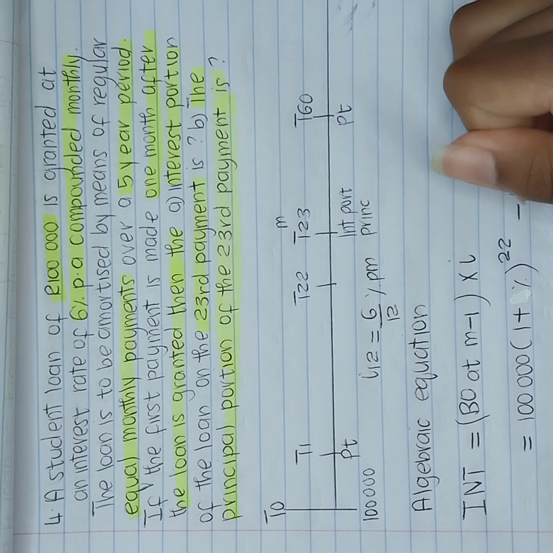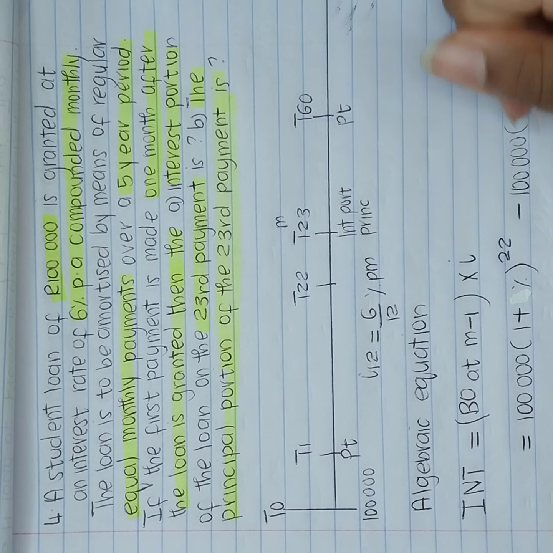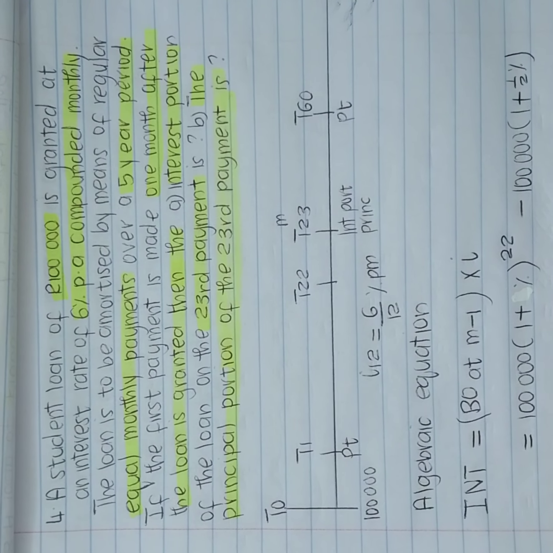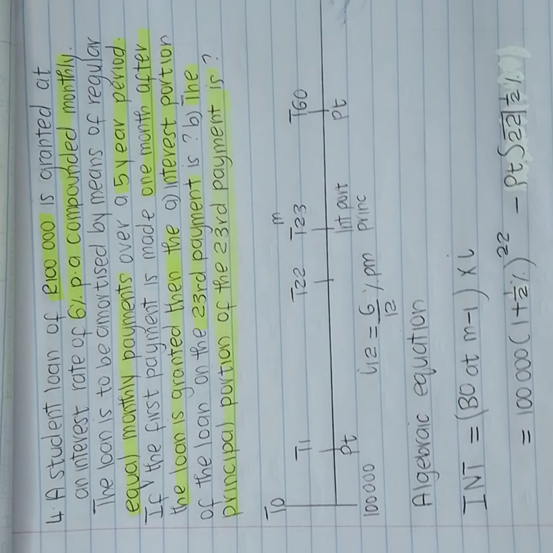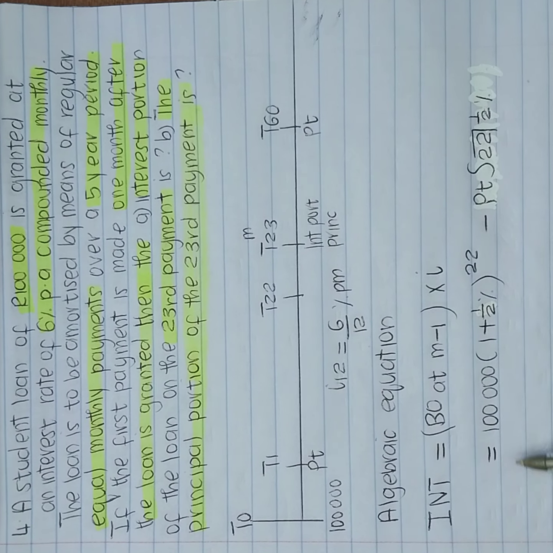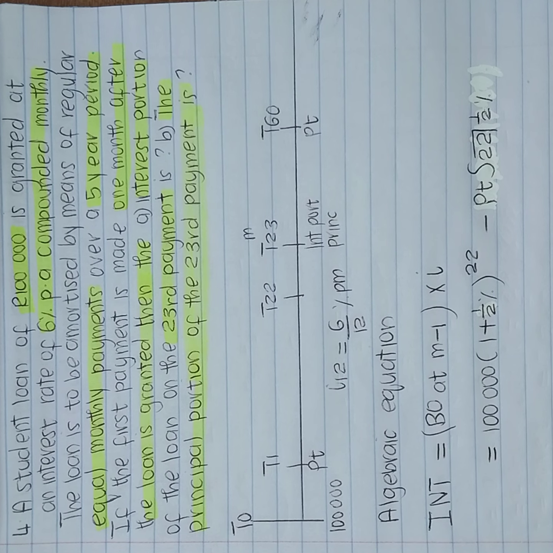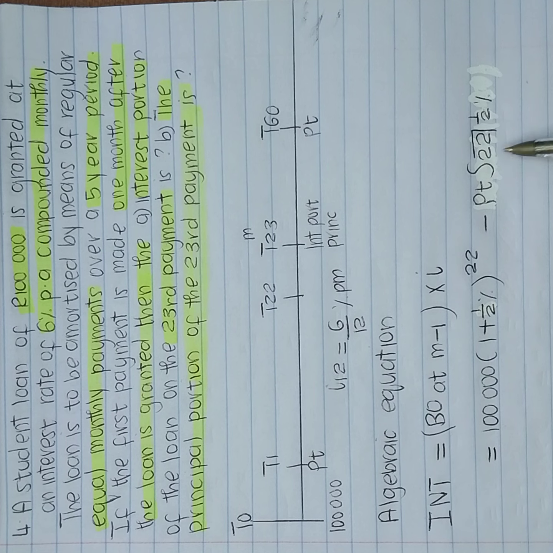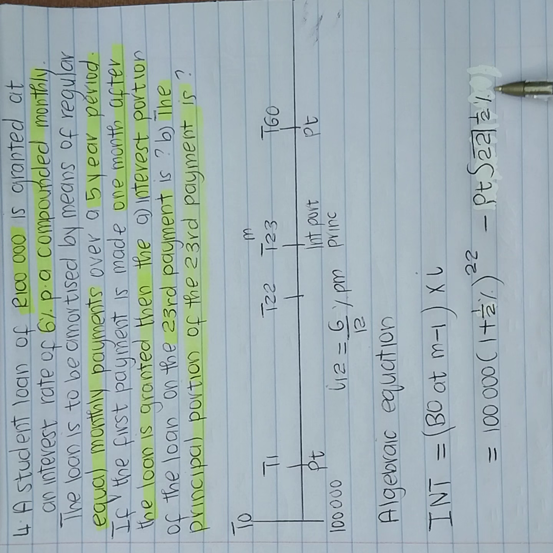So it's compounding the future value of the loan, right? So it's 100,000, 1 plus 1 over 2% to the power of 22 minus the future value of the payments at T22. So PT, future value S, right? 22 payments, and my interest rate 1 over 2%.